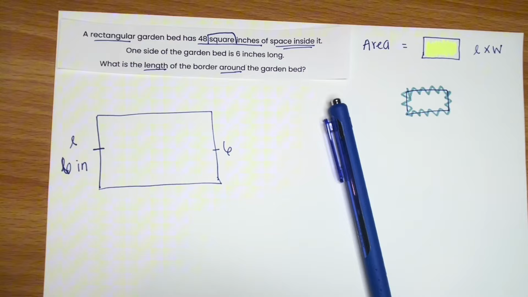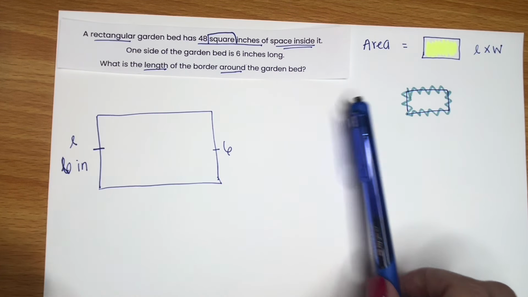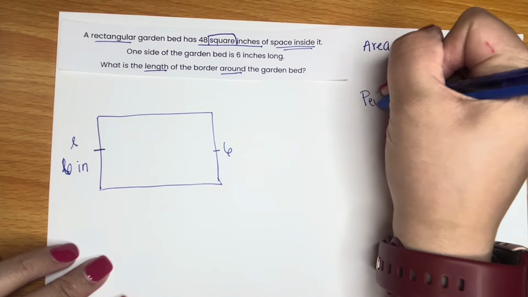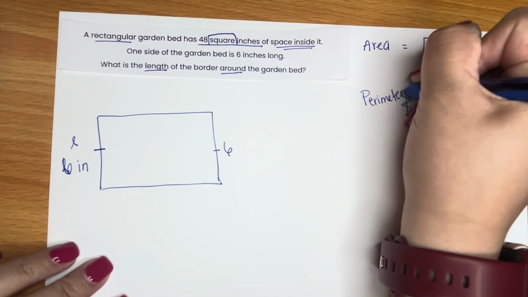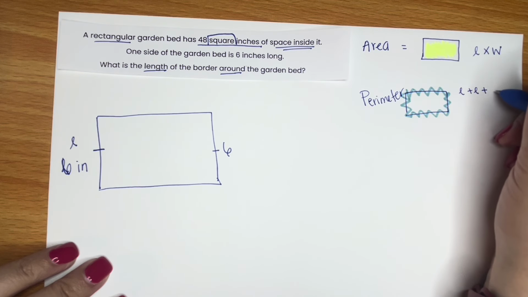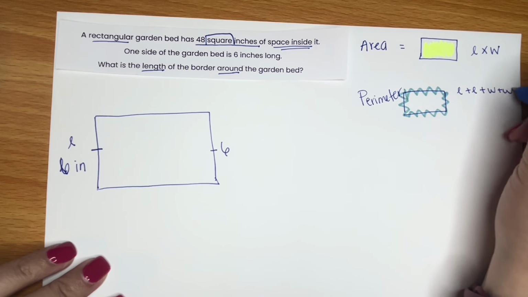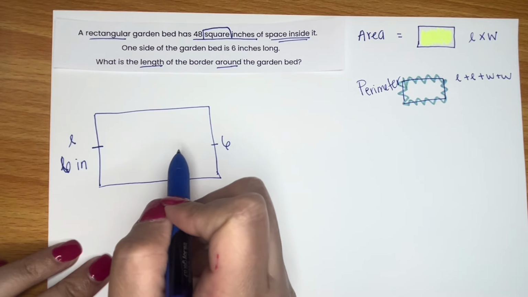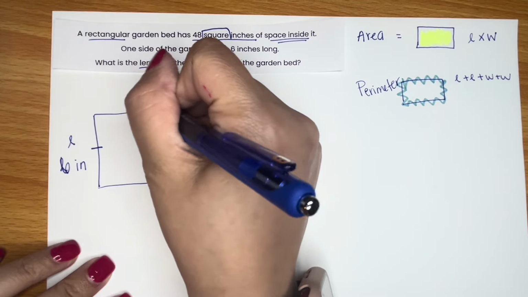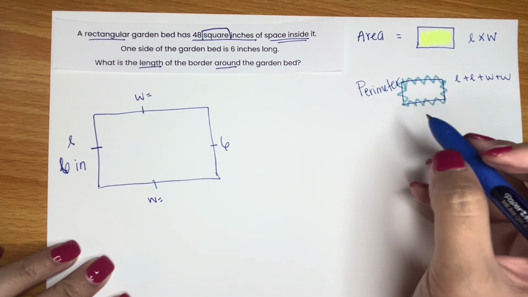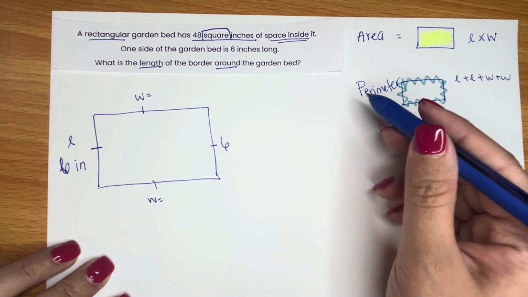If they said around the garden bed, they're looking for perimeter. And that's found length plus length plus width plus width. Now I know the length, but I don't know the width, at least not yet. So let's see what we can find out.